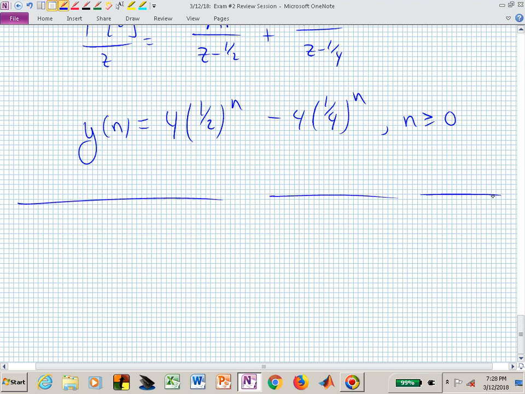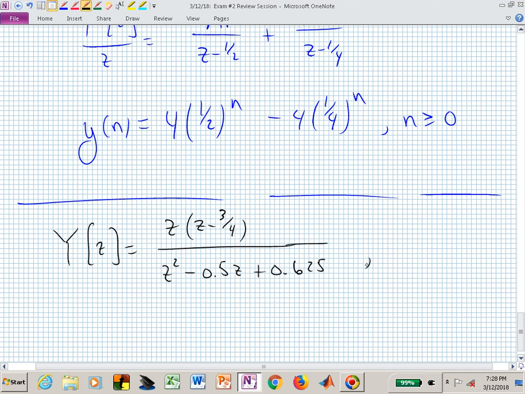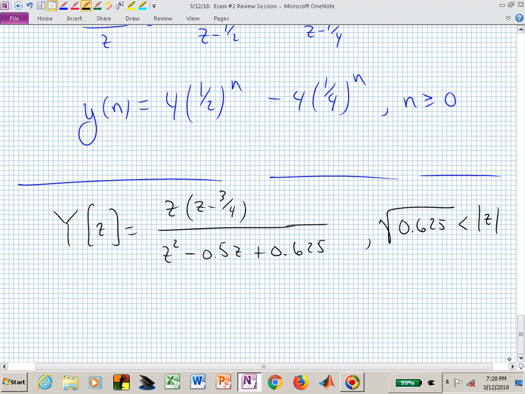What if we had the following? What if we now had Y of z equaling z minus 3/4 over z squared minus 0.5z plus 0.625, and now somebody says that the region of convergence is such that the magnitude of z exceeds the square root of 0.625.